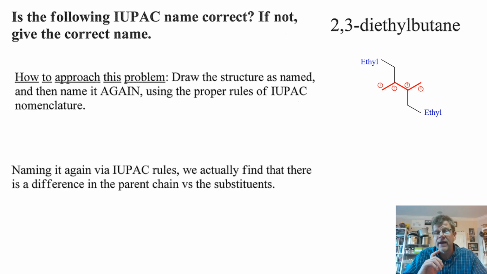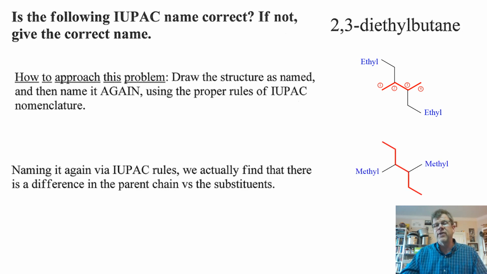We would find that in this case, there's actually a longer parent structure than 4 carbons. In fact, we find that it is 6 carbons long if we trace it that way, which makes it a hexane. And what's left over are actually 2 methyl groups at the 3 and the 4 position if we numbered it.